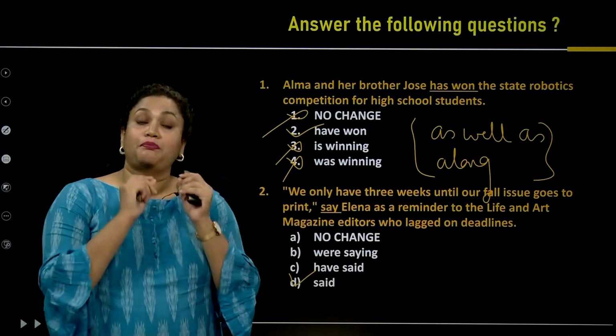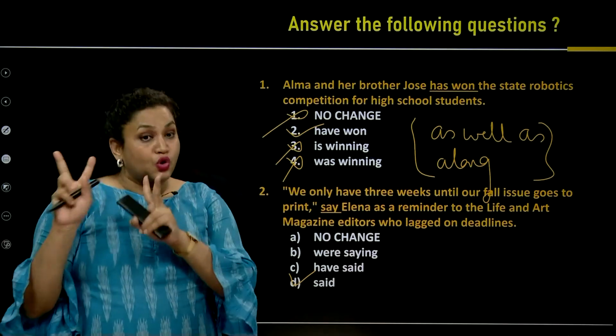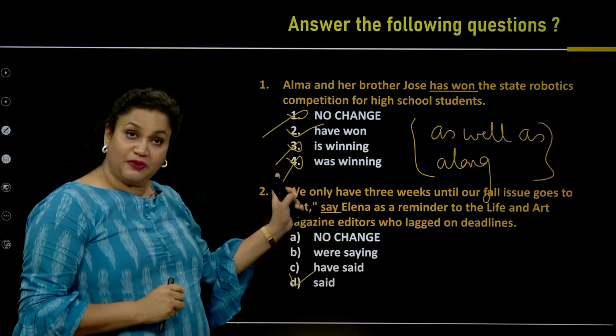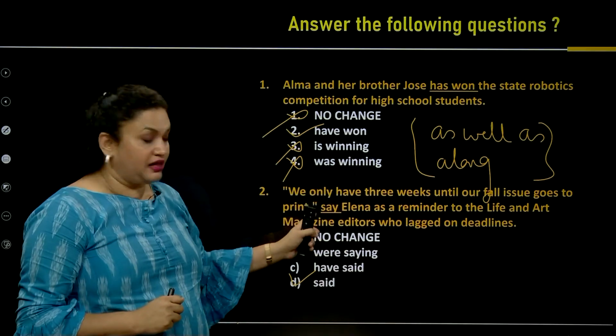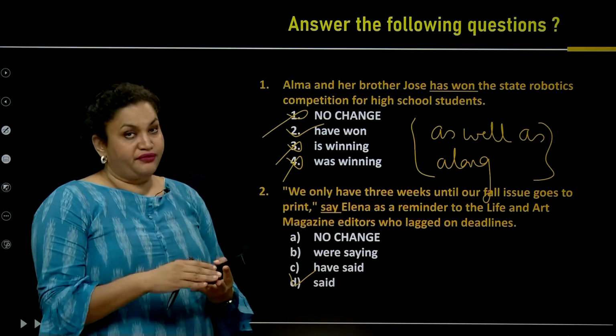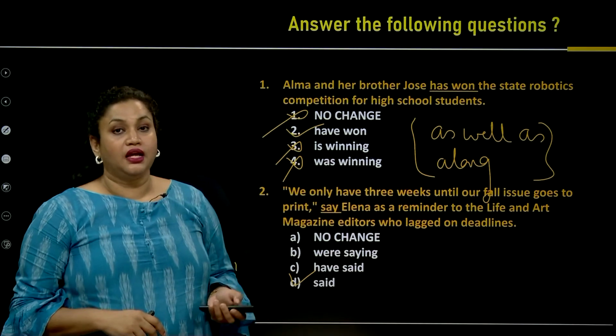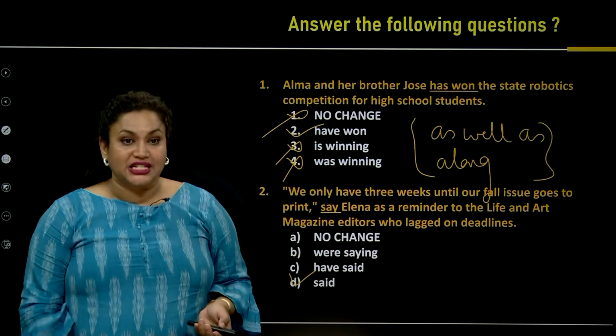You always use a past tense whenever you quote something in direct speech. And this has been quoted. These words are basically by Elena. Therefore, it says said Elena.